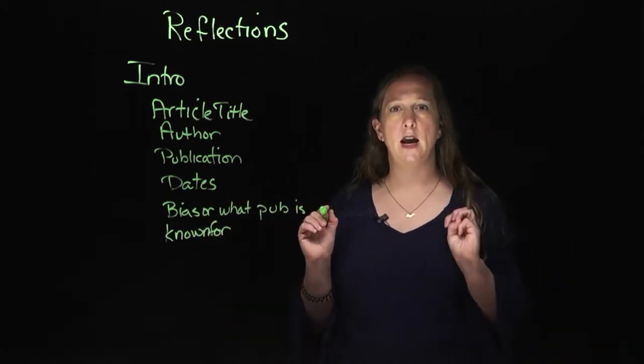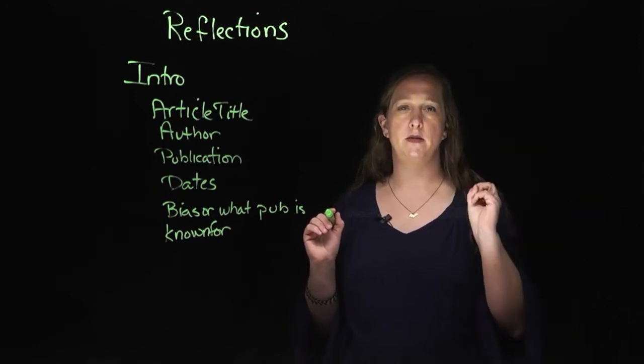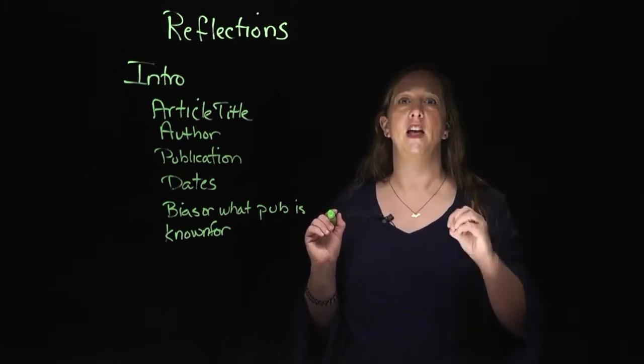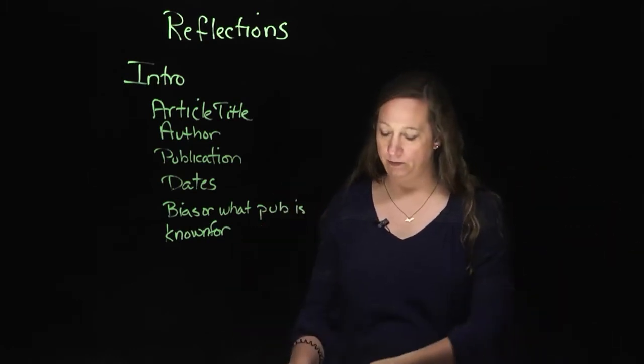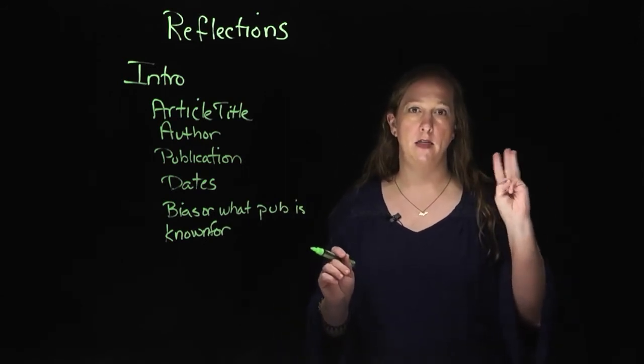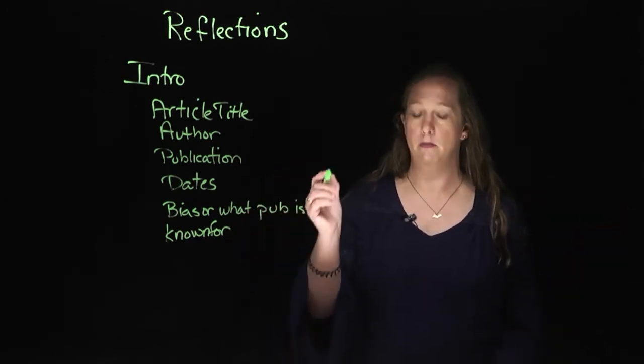So you're now going to have three different pieces, one of which is going to act as your conclusion, but three things that all faculty are looking for in the body of your reflection. Those three things are content, your analysis, and what we call your application and conclusion.